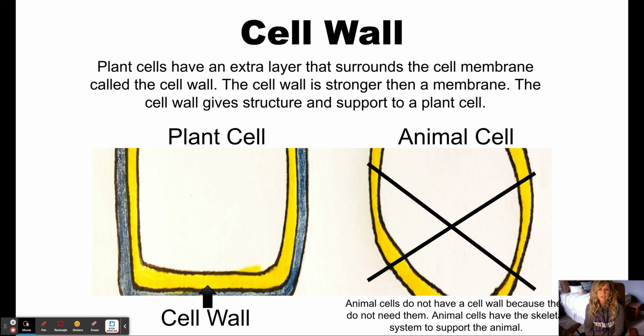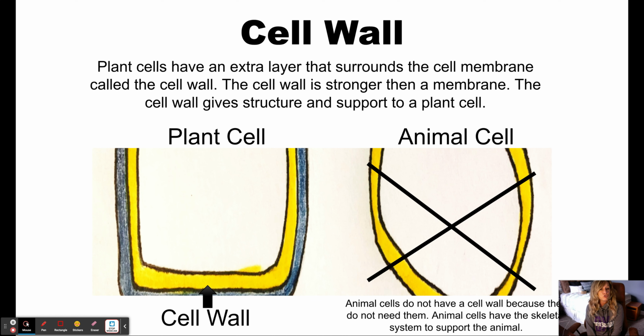They also have a cell wall. Only the plants actually have a cell wall. Animal cells do not have a cell wall. And this is outside of the cell membrane. So plant cells have an extra layer that surrounds the cell membrane called the cell wall.